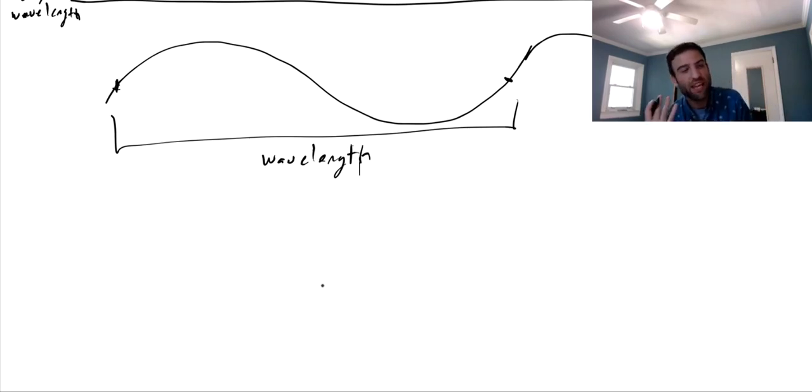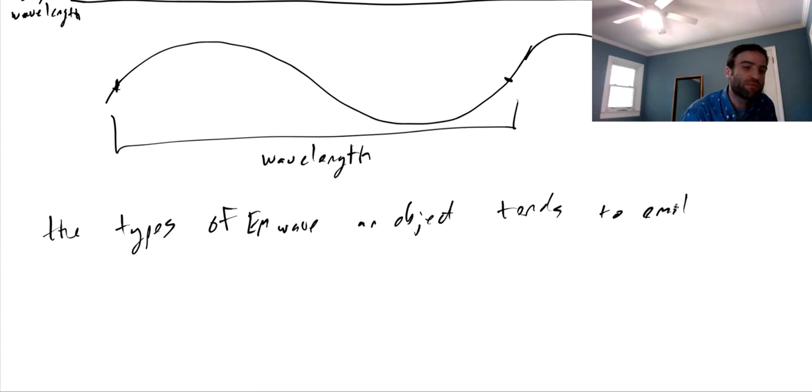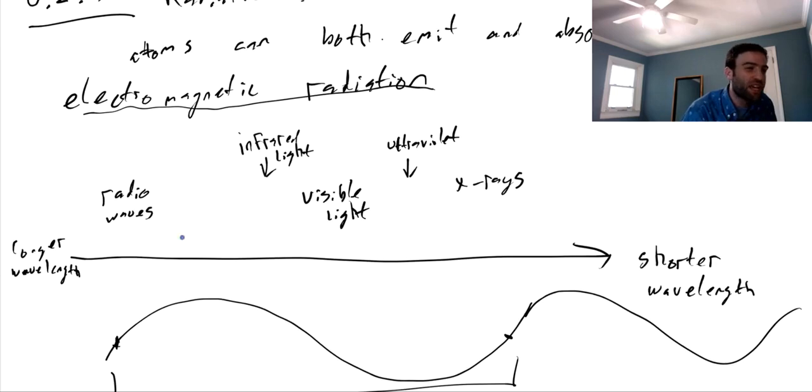Now, the types of EM waves an object tends to emit depends on its temperature. And the way it works is that colder objects tend to emit longer wavelength electromagnetic radiation, so typically infrared stuff.